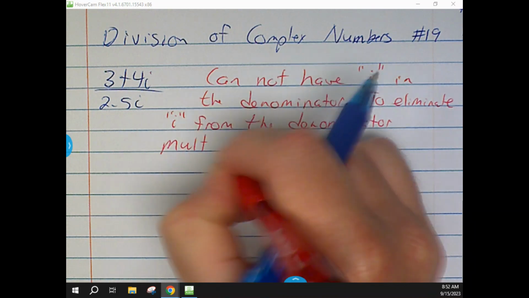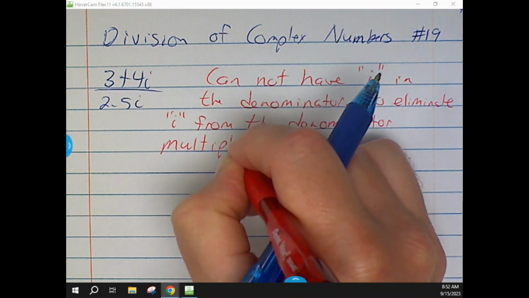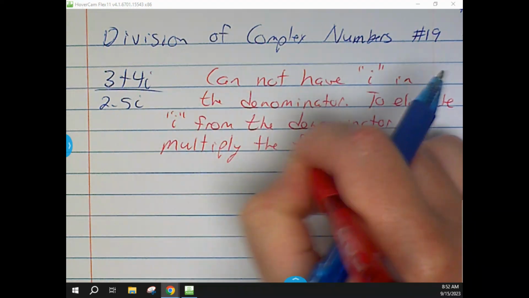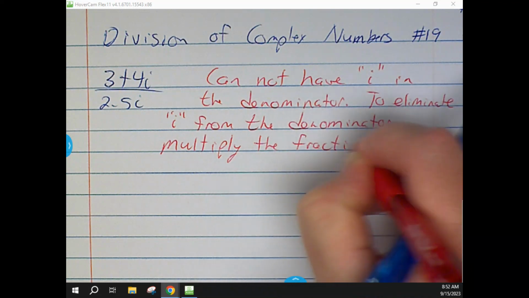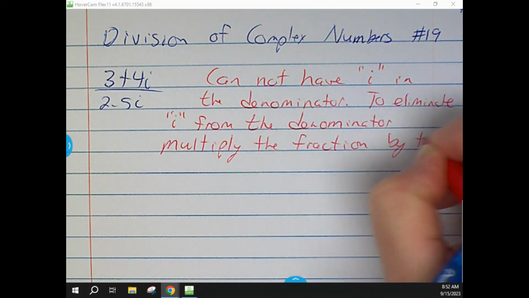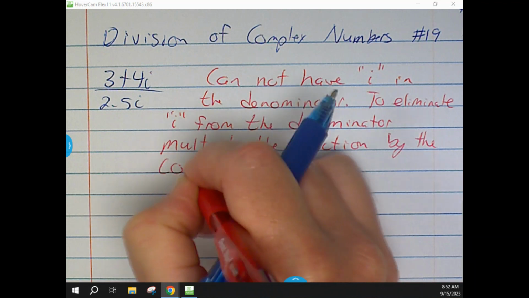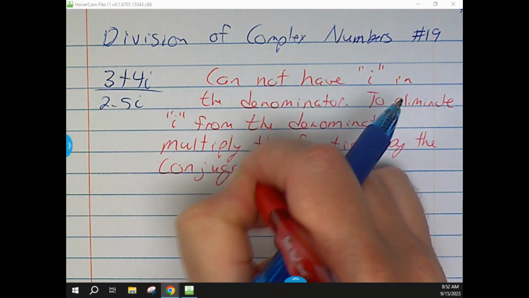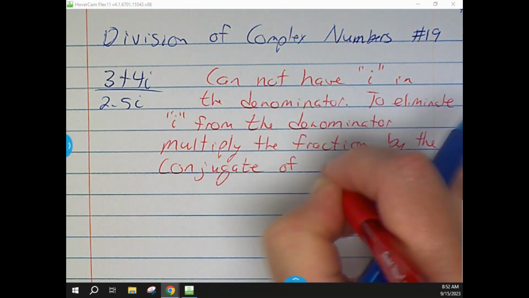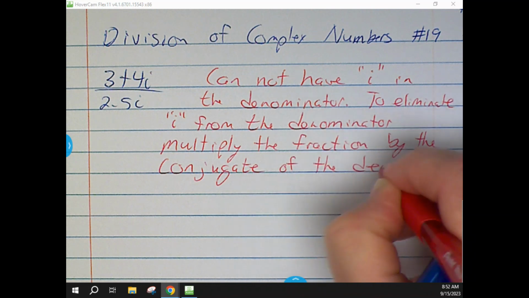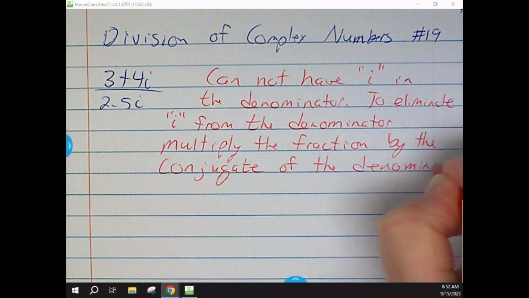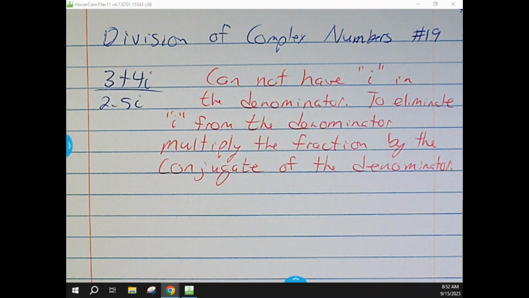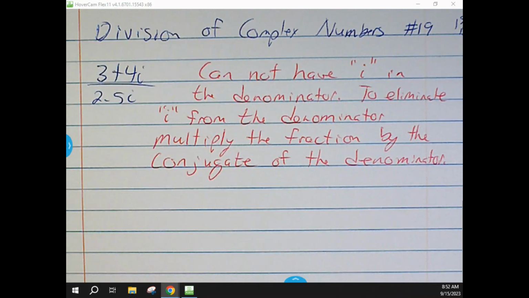So to eliminate the i variable in the denominator, you're going to multiply the fraction by the conjugate of the denominator. And that's where we paused yesterday, because the last thing we did was getting the conjugate of the denominator and then going back and multiplying everything through with it.